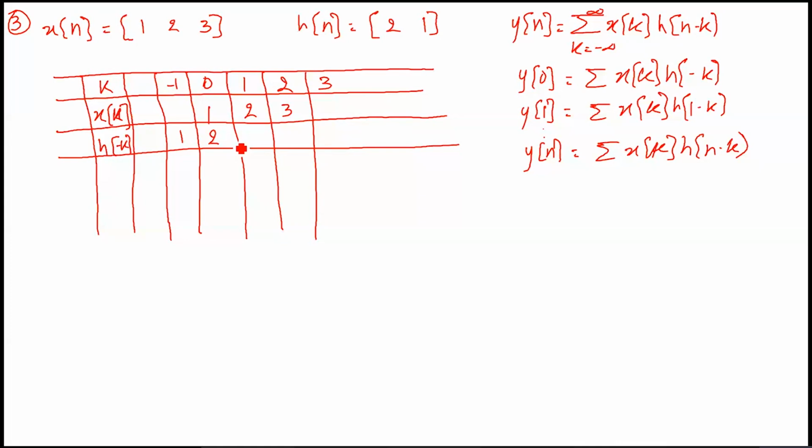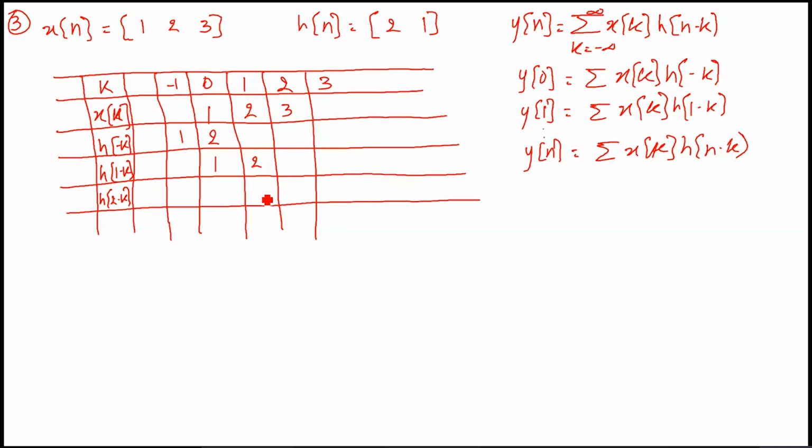And similarly we can write the term h of 1 minus k. So if we flip the axis, h of minus k is this, and then we add 1. 1 minus k will be this thing shifted right by 1 unit. So this will be 1 and 2. So h of 2 minus k, we can just plot that also.